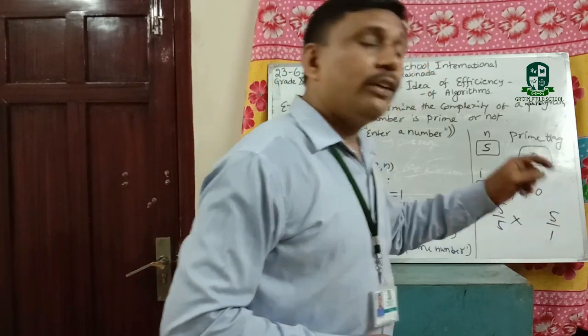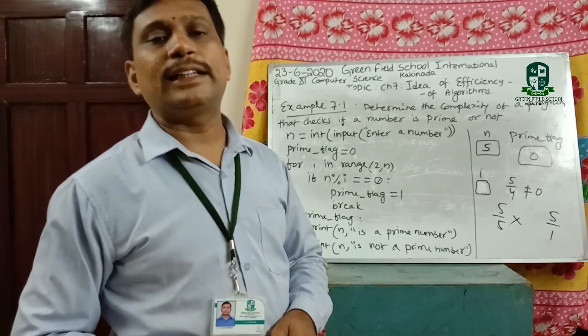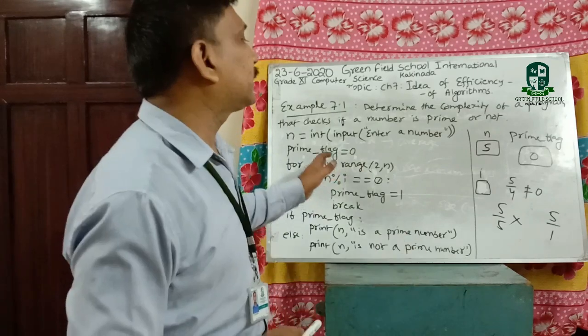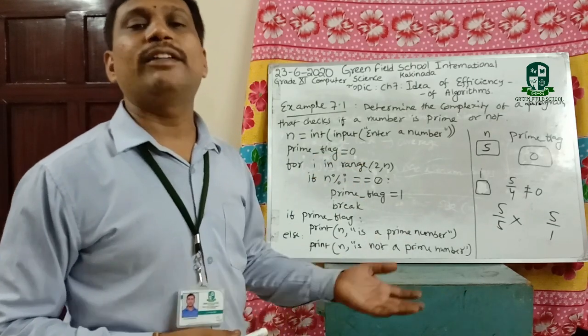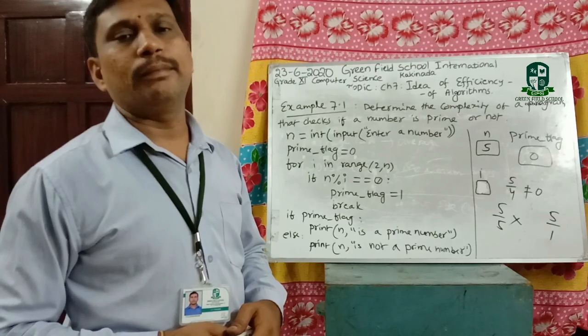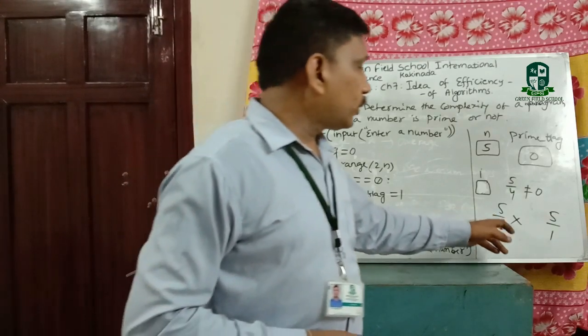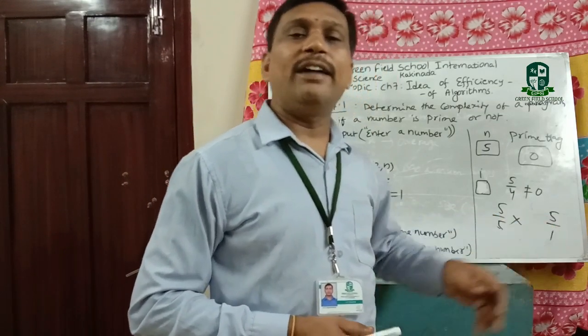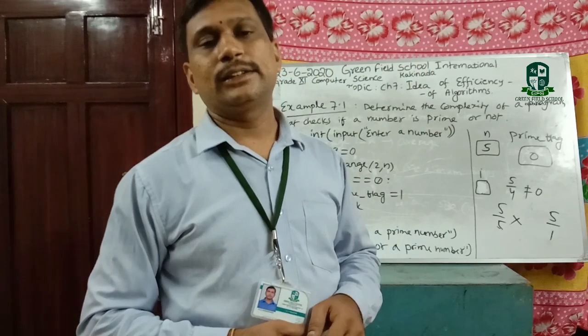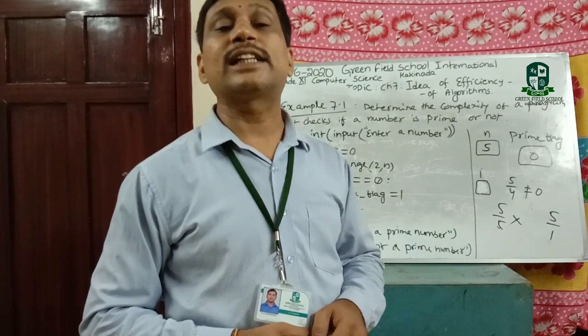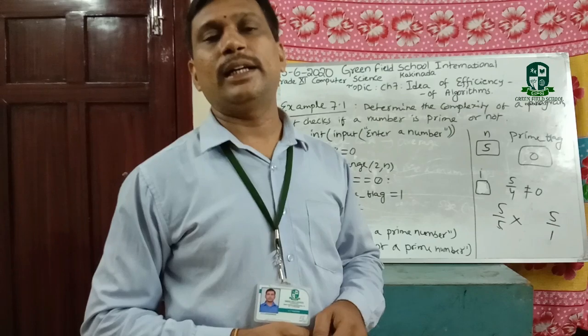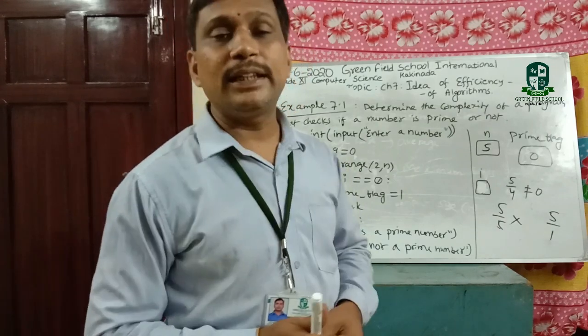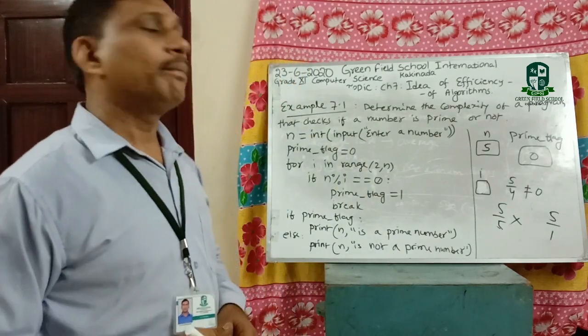If a number has more than 2 factors, it is not a prime number; otherwise it is a prime number. 5 has only 2 factors, that's why it is called a prime number. So finally we print the message "5 is a prime number".